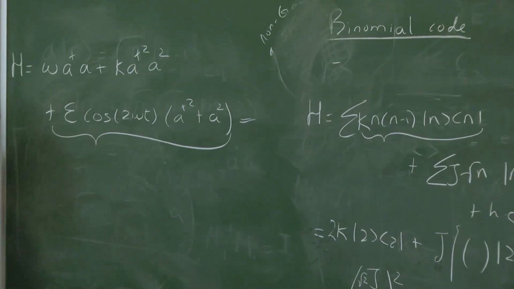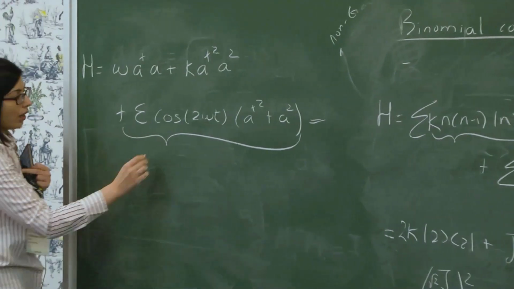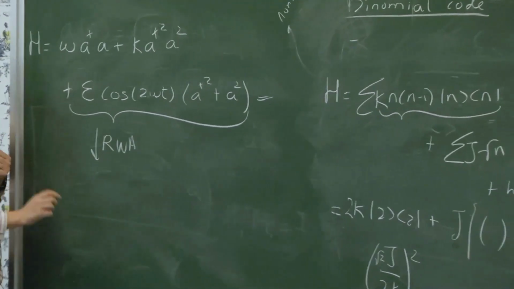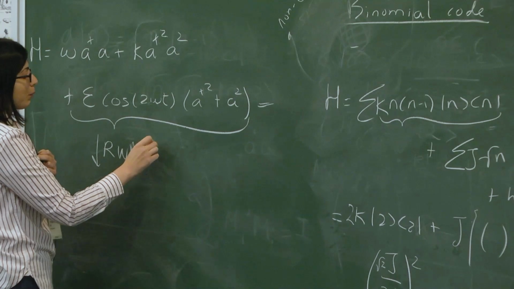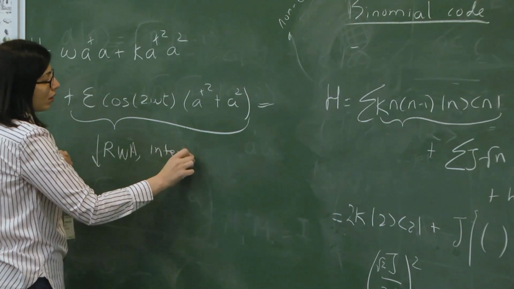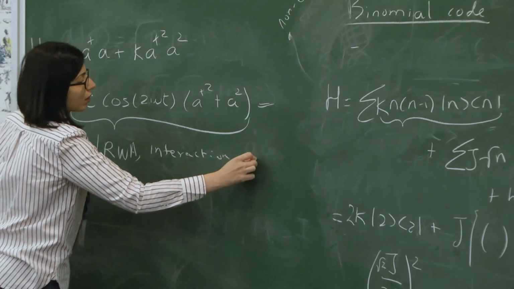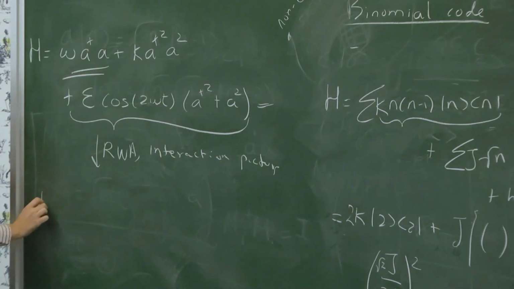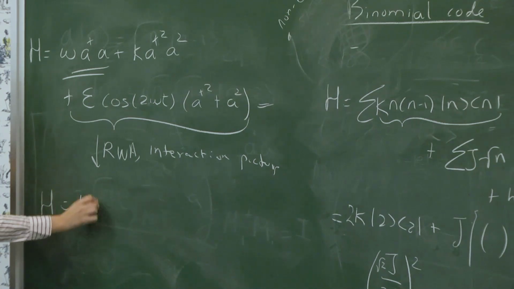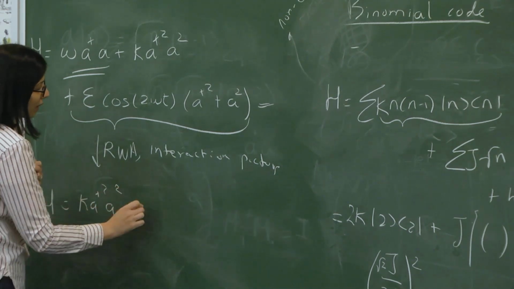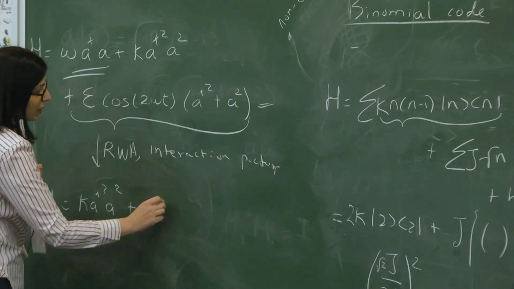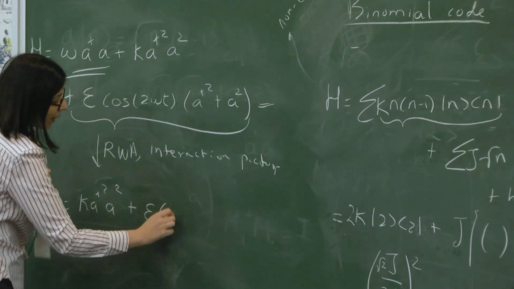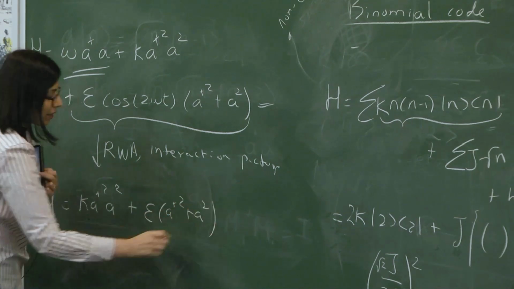So again, I'm going to do RWA, the rotating wave approximation, again fancier perturbation theory, and I'm going to work in the interaction picture of this one here, so that my Hamiltonian now becomes Kerr A dagger squared A squared plus some epsilon times A dagger squared plus A squared.